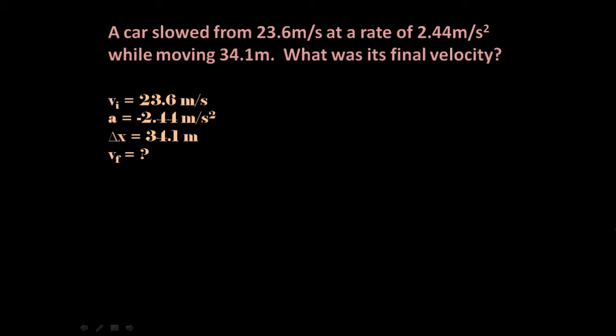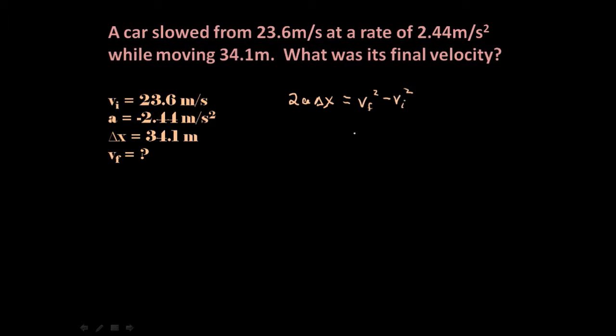I hope you got that far, because if you did, then you can go straight to finding the right equation. The correct equation, of course, is the one that doesn't include time. So that's 2 times acceleration times displacement is equal to final velocity squared minus initial velocity squared. Now I know in the formula I didn't have the F on final velocity.